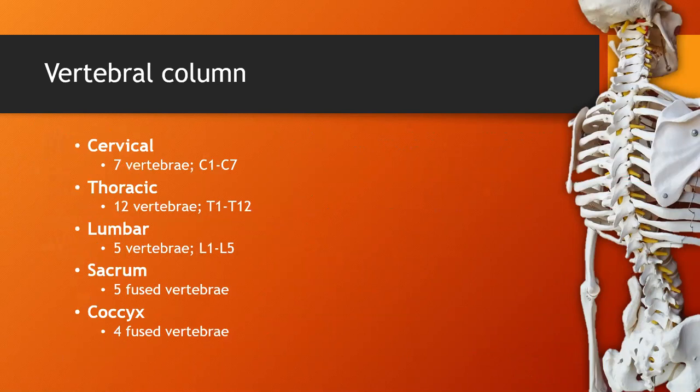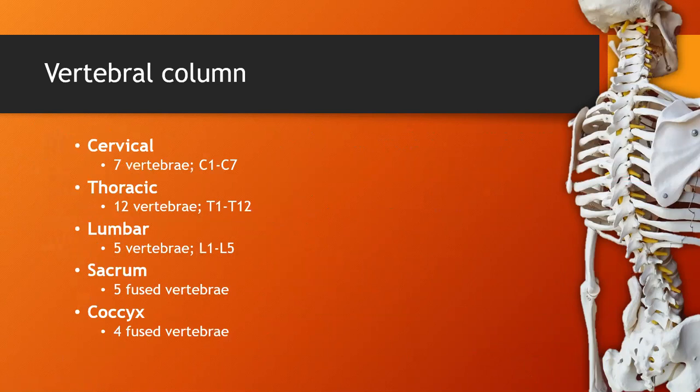All right, looking at number 4, what are the curvatures of the cervical, thoracic, lumbar, and sacral bones? So the cervical and the lumbar have the same curvature. The thoracic and the sacral have the same curvature. So if you're looking at the vertebrae here, this is our cervical, and down at the bottom portion is our lumbar.